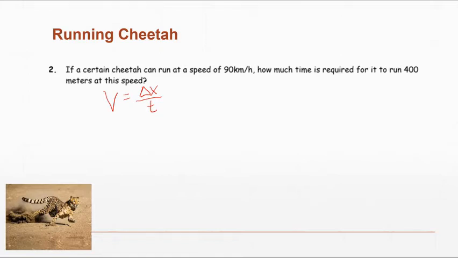One thing that I have found very helpful in doing problems is the first thing that you do is you draw a picture, okay? And then you get your information from the question.